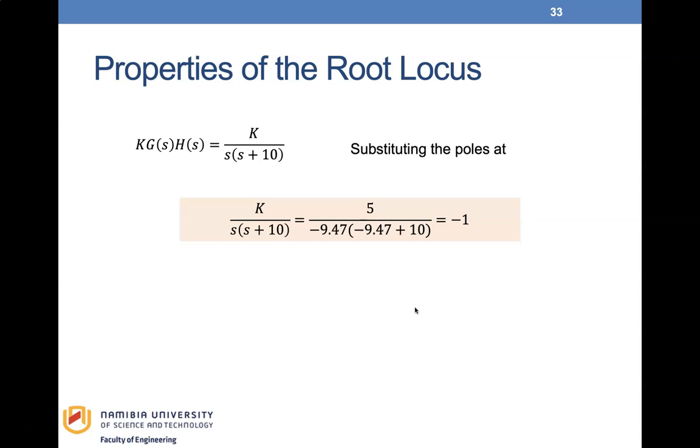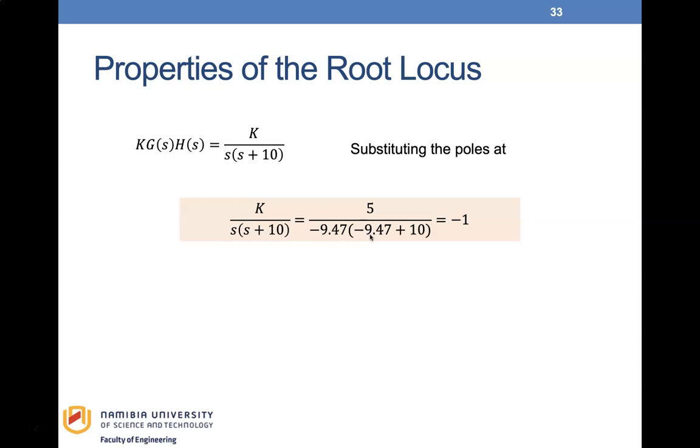Let us demonstrate this with the previous second order system, in which we had closed loop poles at -9.47 and -0.53 when the gain is 5. For this system, therefore, KG(s)H(s), that is the open loop transfer function, is equal to k over s plus 10.